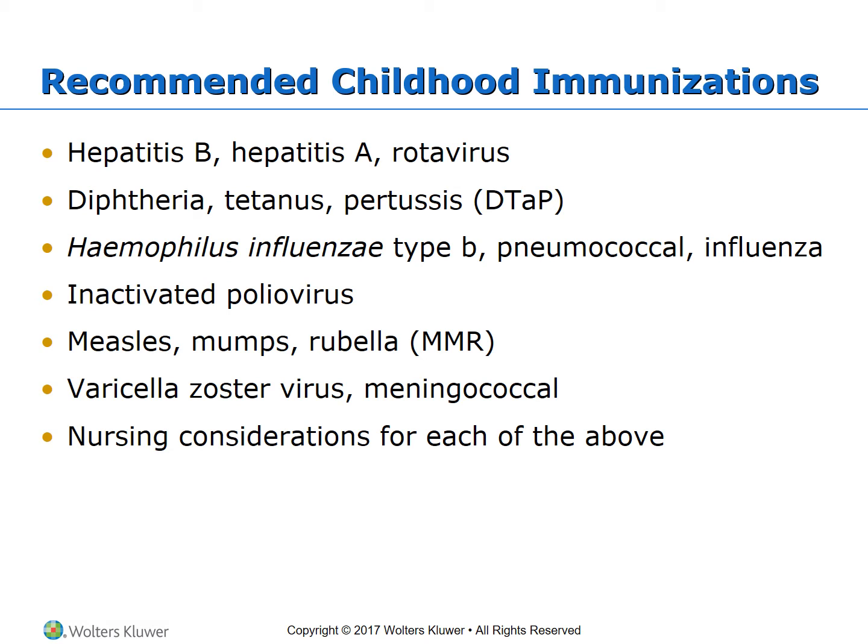And then the mumps. Mumps is also called epidemic parotitis. It is a viral disease that affects the salivary glands, especially the parotids, and it's transmitted through direct and indirect contact and through salivary secretions. Close contact is required for mumps to be transmitted.